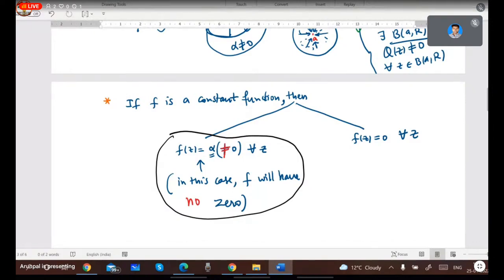Now see, so if this is 0, it means that f is identically equal to 0. It means this, na, class?